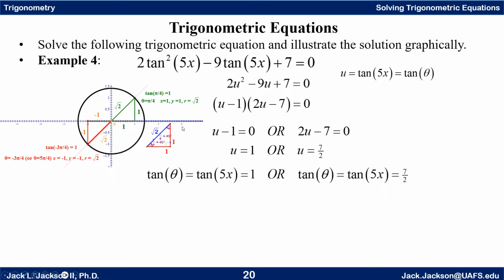For tangent of theta is 1, we're going to use this other special triangle that we have, which is a right isosceles triangle, a pi over 4, pi over 4, pi over 2 triangle, or 45 degree, 90 degree triangle, where two sides are 1. Pythagorean theorem tells you the other side is square root of 2. So tangent is positive in quadrant 1 and quadrant 3. If we place that triangle right here, it splits it right in half, and we get an angle of pi over 4.